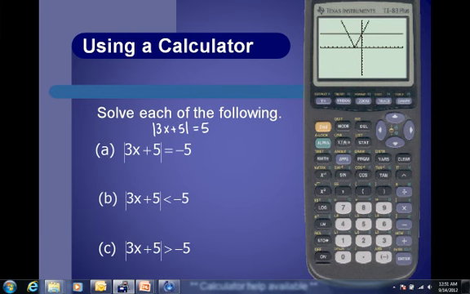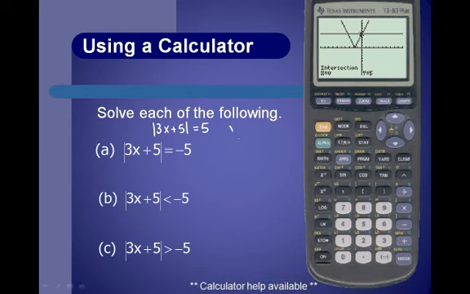Notice there are two solutions. They're going to be right here to the left and right here on the right. So we are going to say second trace, which is calculate. The intersection is number 5. Enter, enter, enter. And the first solution is 0. Then we're going to do it again.